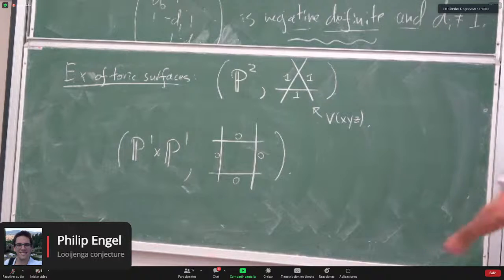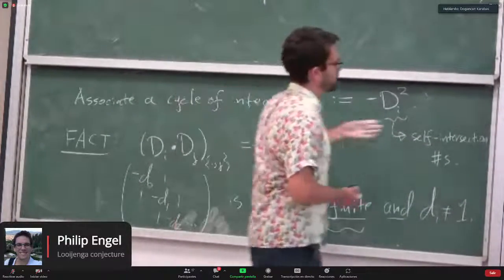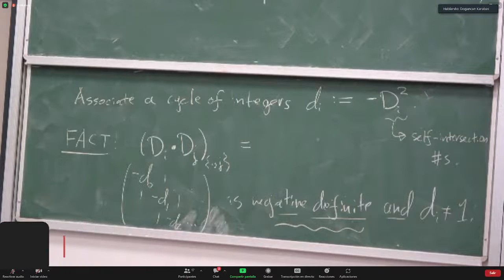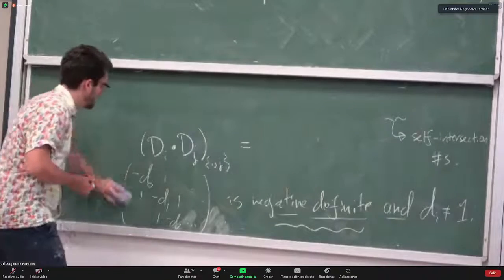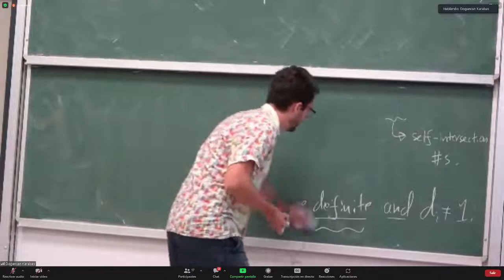So what do I mean when a cycle, as we've discussed in the rest of the talk, is on a rational surface? What I mean is that I can blow up points to get that cycle. So let me consider the following blow up.